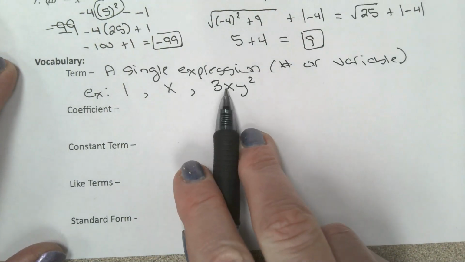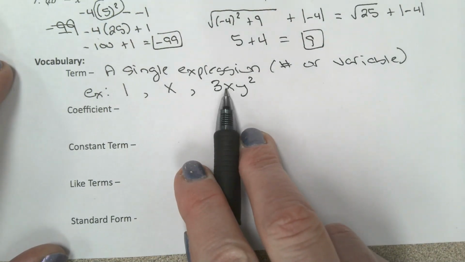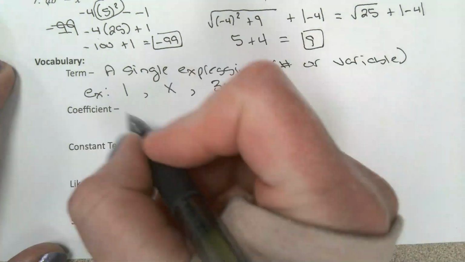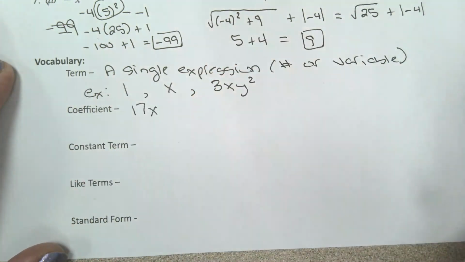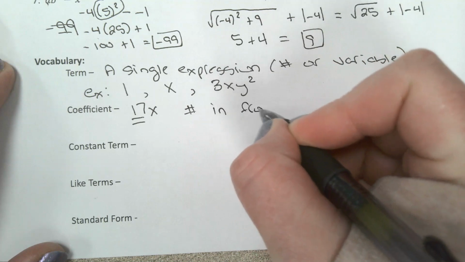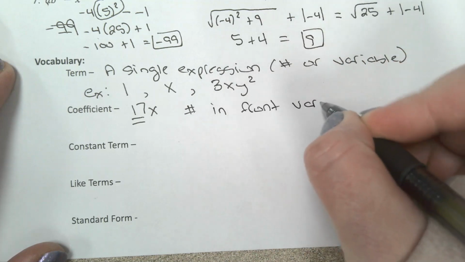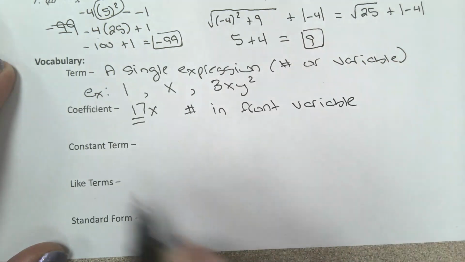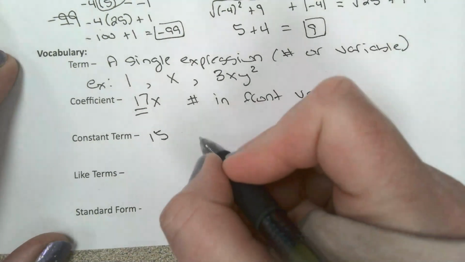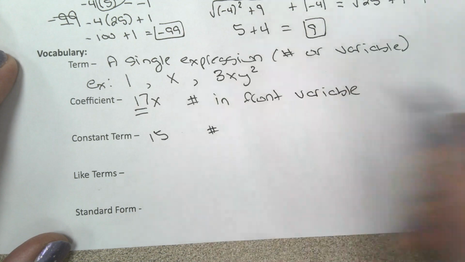So I can have a combination of numbers and variables being multiplied together. That is fine. The coefficient, so if you were looking at 17x, 17 is the coefficient. It's the number in front of your variable. A constant term would be like 15. It's just simply a number.